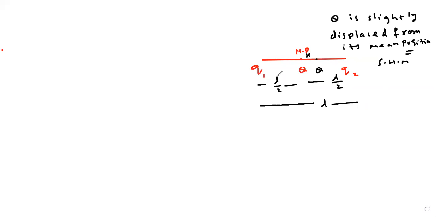Actually, both are equal charges. I have just given them numbers 1 and 2. Now, the force on capital Q with respect to small q should be in this direction.